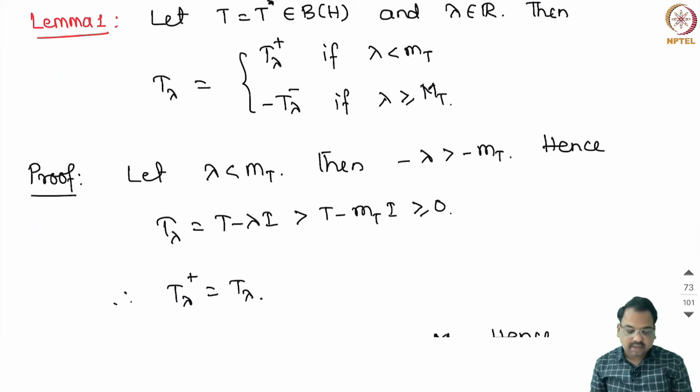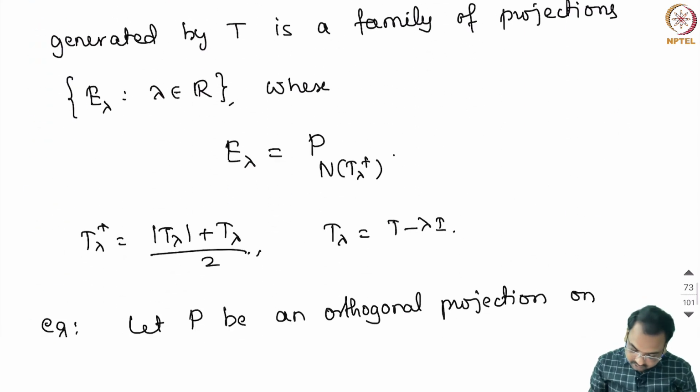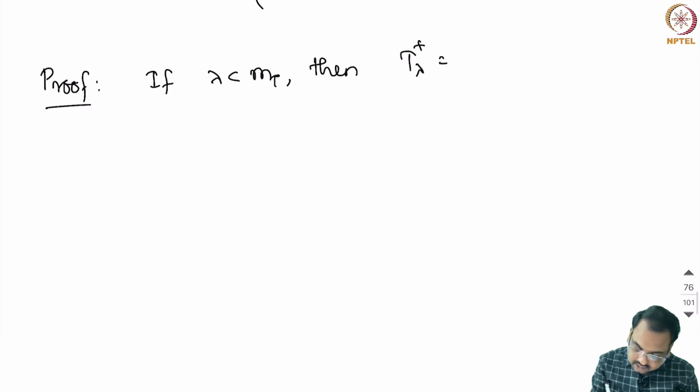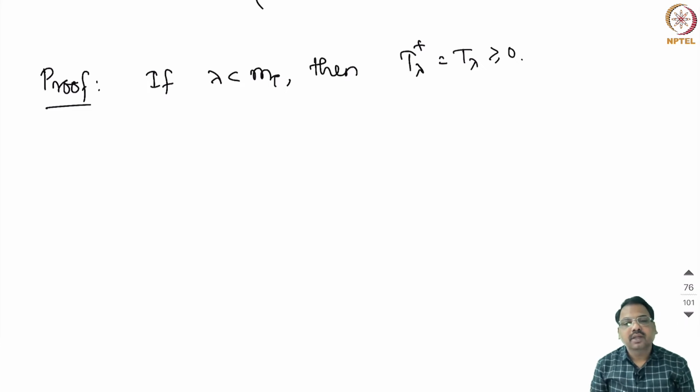T lambda and T lambda plus are the same when lambda is less than m, and when lambda is bigger than or equal to capital M, T lambda plus is minus of T lambda minus. So whenever lambda is less than m, T lambda plus is T lambda. So in this case it is positive, and we also know that when lambda is strictly less than small m, T minus lambda is invertible, because the spectrum of T is contained in the closed interval small m, capital M.